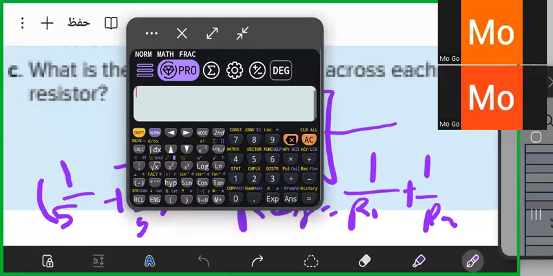We should calculate it like that: 1 over 5 plus 1 over 5, all to the power -1. It will be 2.5. This is the right way to calculate.